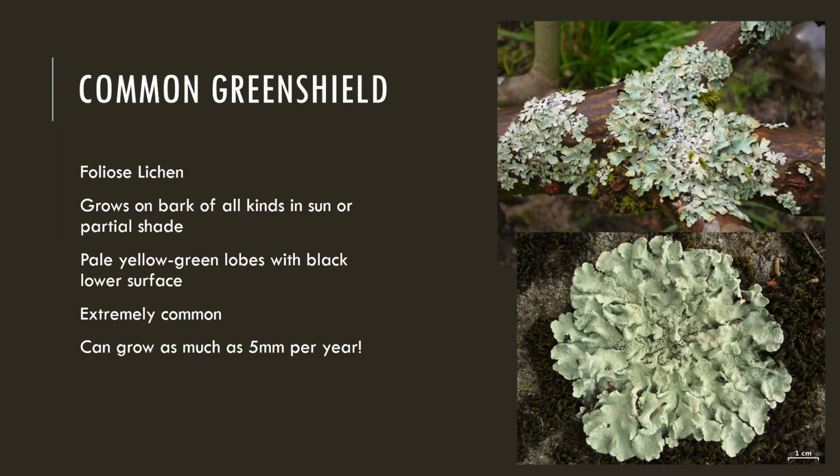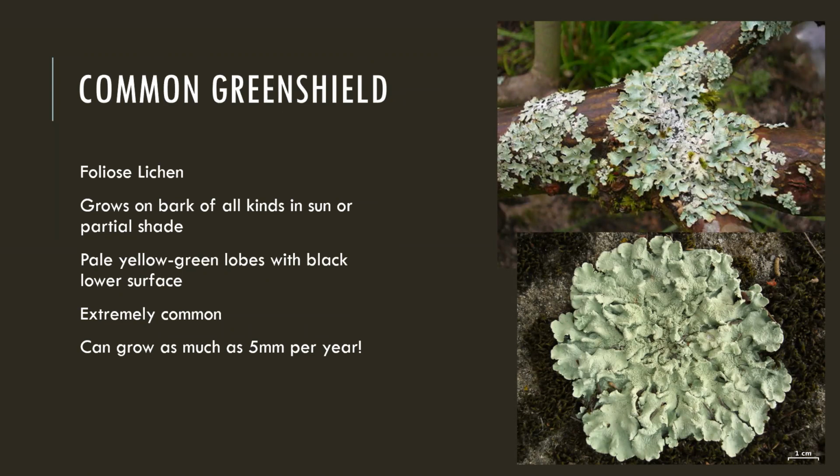It grows on barks of all kinds, whether in the sun or partial shade. It goes from a pale yellow green color to more of a darker green than what's depicted here, a greener green, pale whitish yellow green.